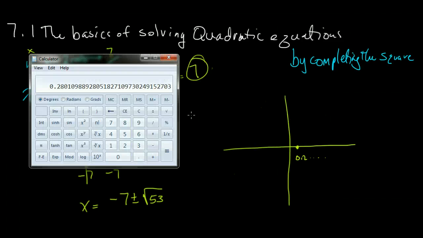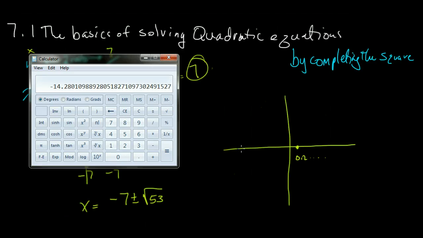And then if I subtracted that number, let's see, we'll do it this way: negative 7 minus the square root of 53 equals, that's negative 14.